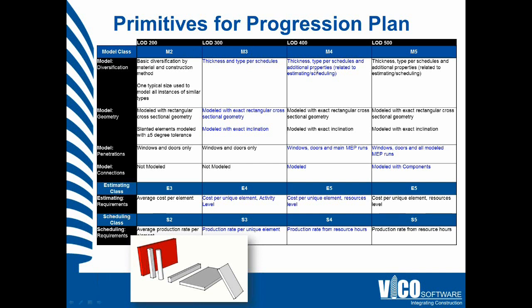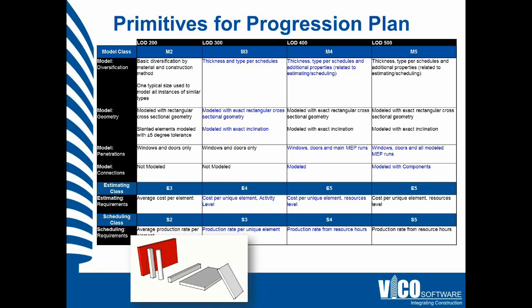M4 would be including additional properties that would be needed for estimating and scheduling purposes. So, for example, specific materials that would be needed. Looking at this, you provide guidelines for the designing parties or the people who create the model for the project.